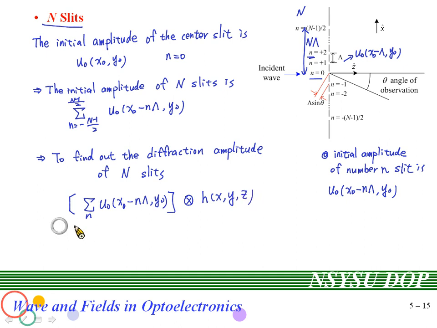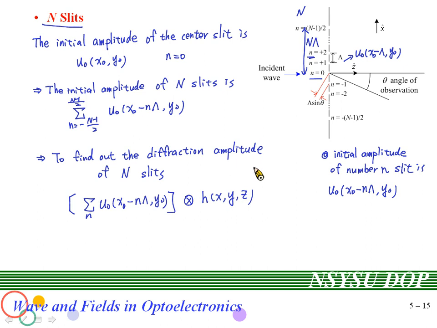So by the Fresnel integral, by performing the convolution of the initial amplitude of N slits and the h function, of course, you can obtain the diffraction amplitude of N slits.